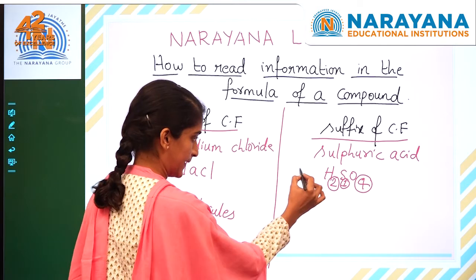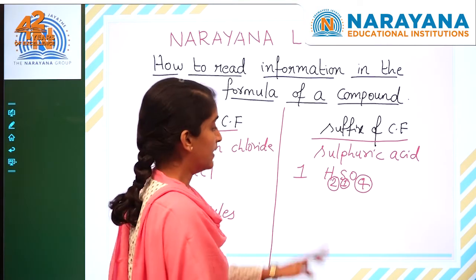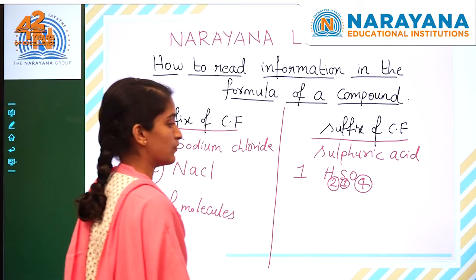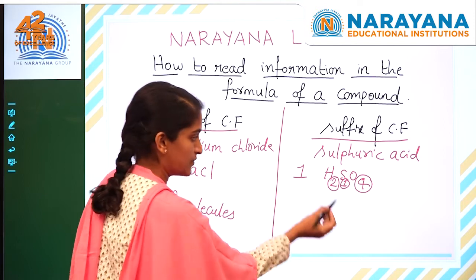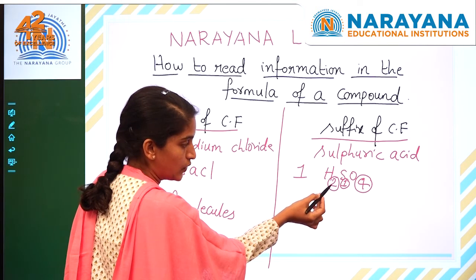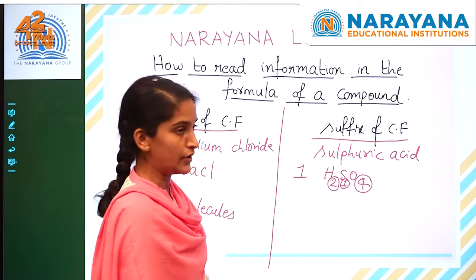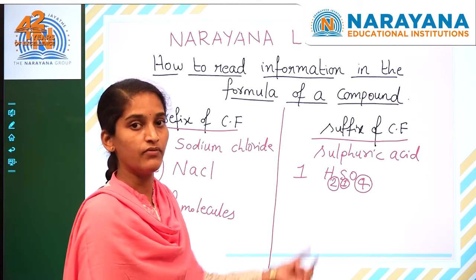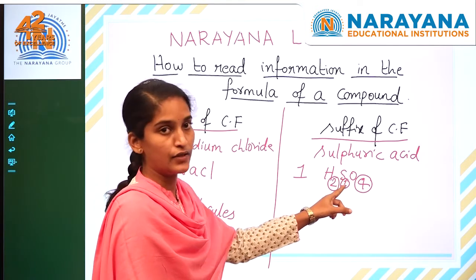For example, here H2SO4, one molecule of H2SO4 is there. In one molecule of H2SO4, how many hydrogen atoms are there? See here, the numeral 2 is written to the right bottom side of the hydrogen. That numeral 2 indicates the number of hydrogen atoms. And to the right bottom side of the sulfur, there is a numeral 1.